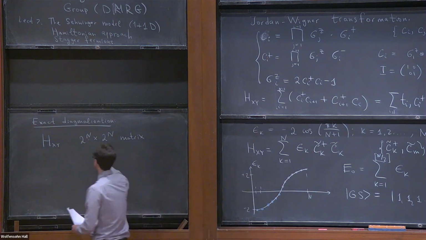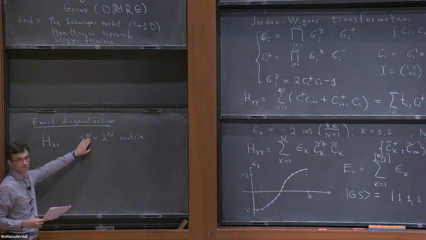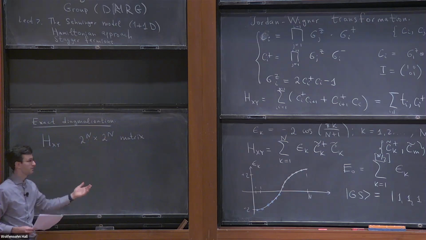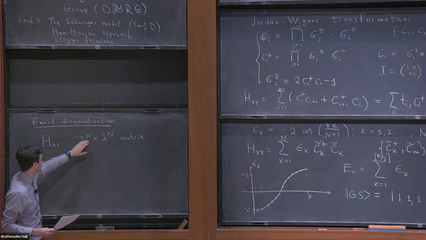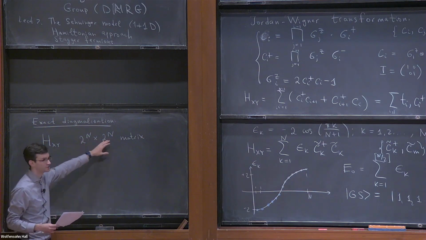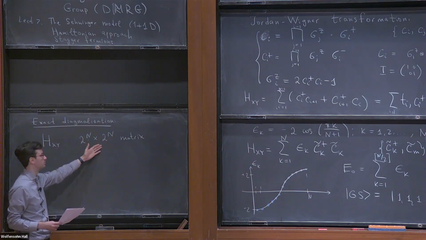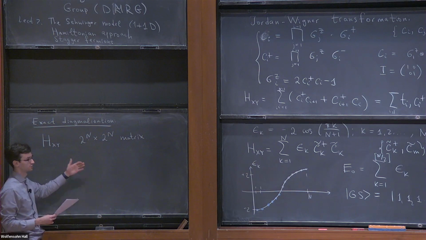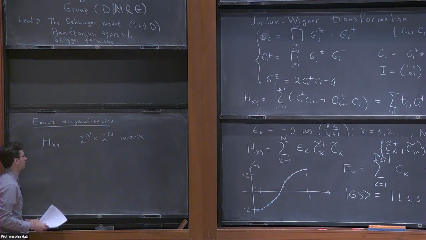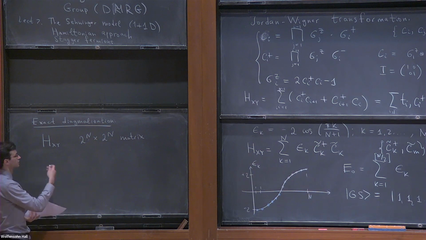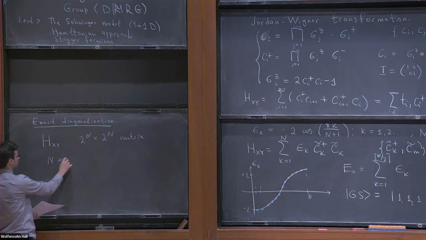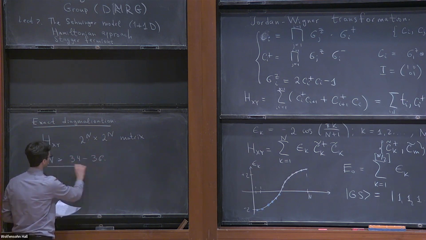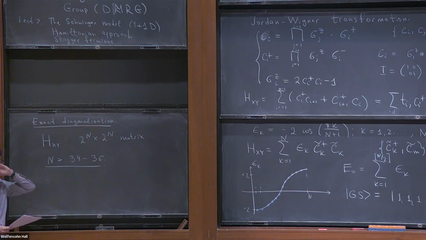The problem with exact diagonalization is that if the number of sites becomes big enough, the size of our matrix grows exponentially with the number of sites, and at some point it becomes numerically intractable, because you cannot diagonalize very huge matrices on a classical computer. I think the state of the art for exact diagonalization is maybe 34 or 36 sites. This would be the limit one can do using exact diagonalization.